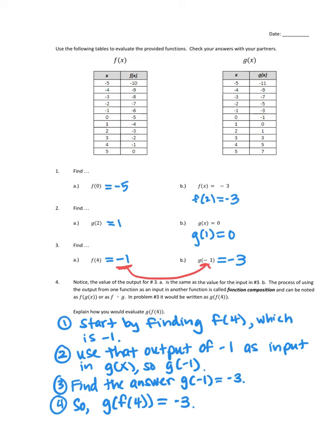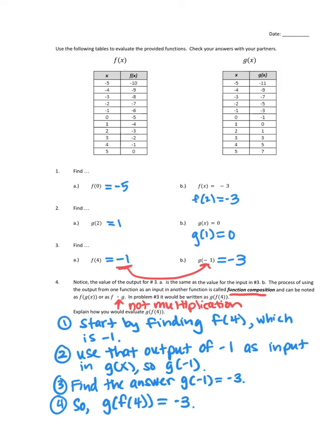The process of using the output from one function as an input in another function is called function composition, and can be noted either as f of g of x or f open circle g. This is not a multiplication symbol. It's a composition symbol. In problem number 3, we would write the function composition as g of f of 4.